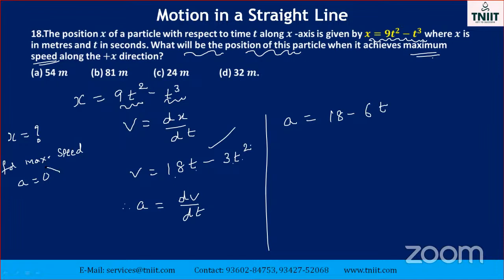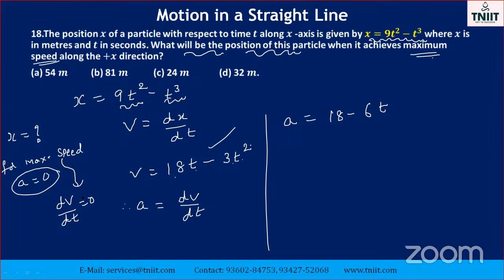Acceleration is 0 because if the speed is maximum, then we can equate dv by dt as 0. If any function is maximum or minimum, the first derivative of that function is 0. So if speed is maximum, then the first derivative of the speed must be 0.